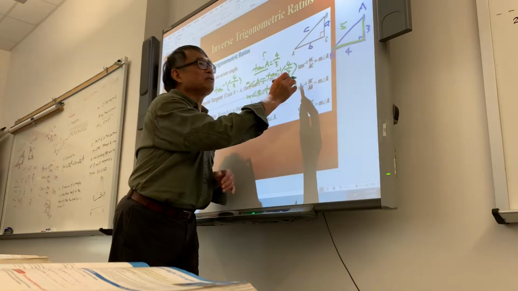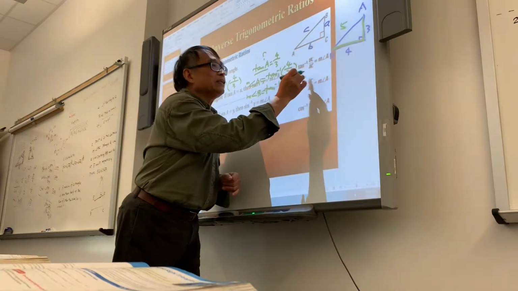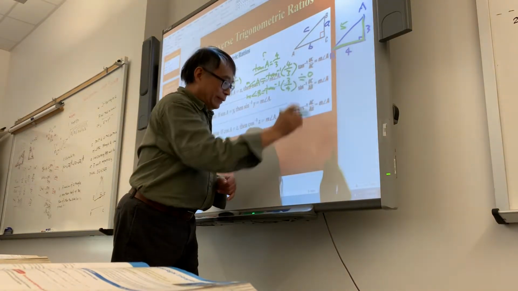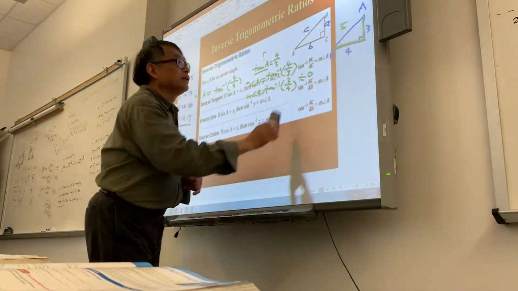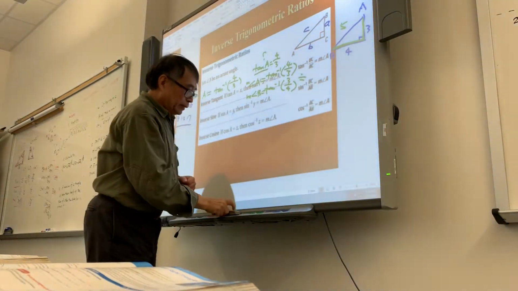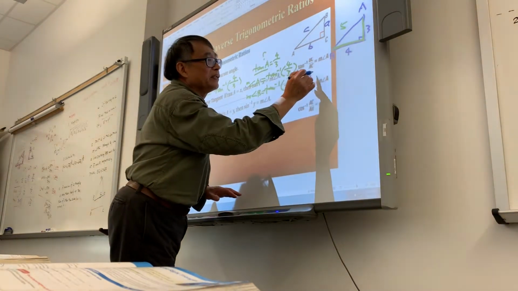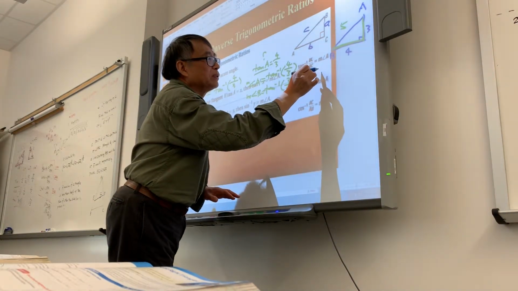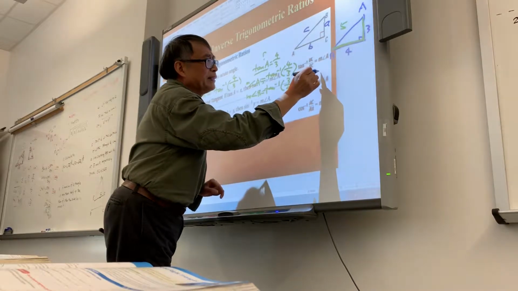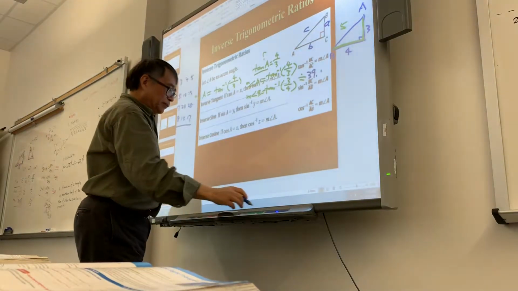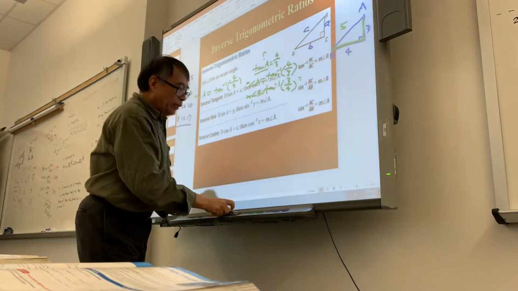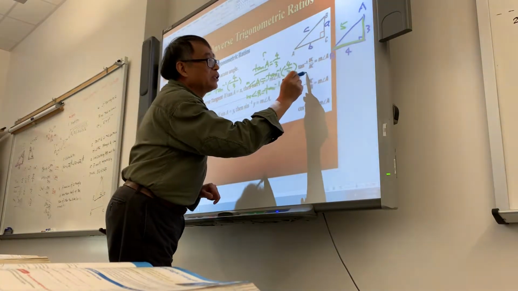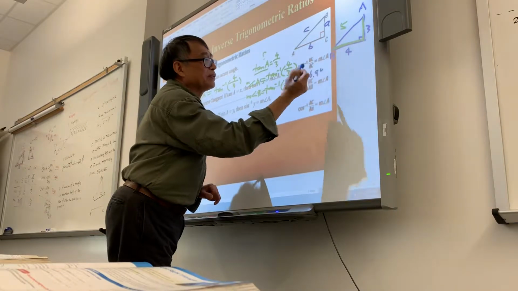Because 3, 4, 5, this is very easy work. So this is rounded to 36.9 degrees.